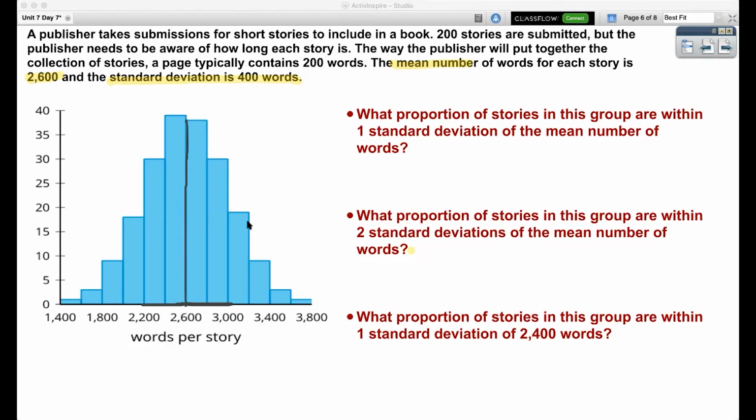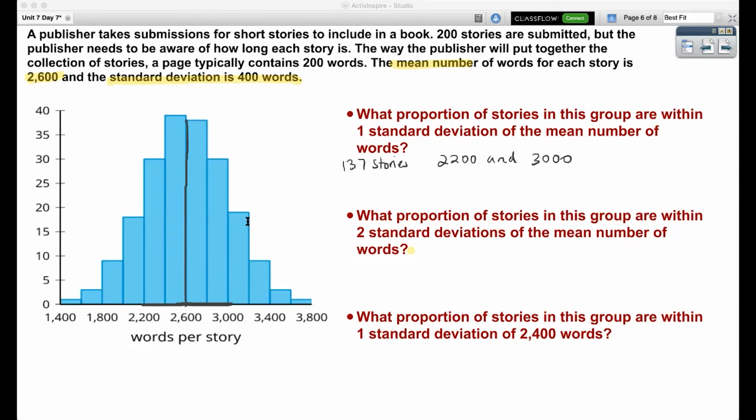And I also need to look at the interval from the value of the mean minus 1 times the standard deviation. Again, the mean is 2,600. Minus 400 is 2,200. So that tells us in order to find the answer to that first question, we have to look at the number of stories between 2,200 and 3,000. The number of stories between 2,200 and 3,000 words, there are 137 stories.